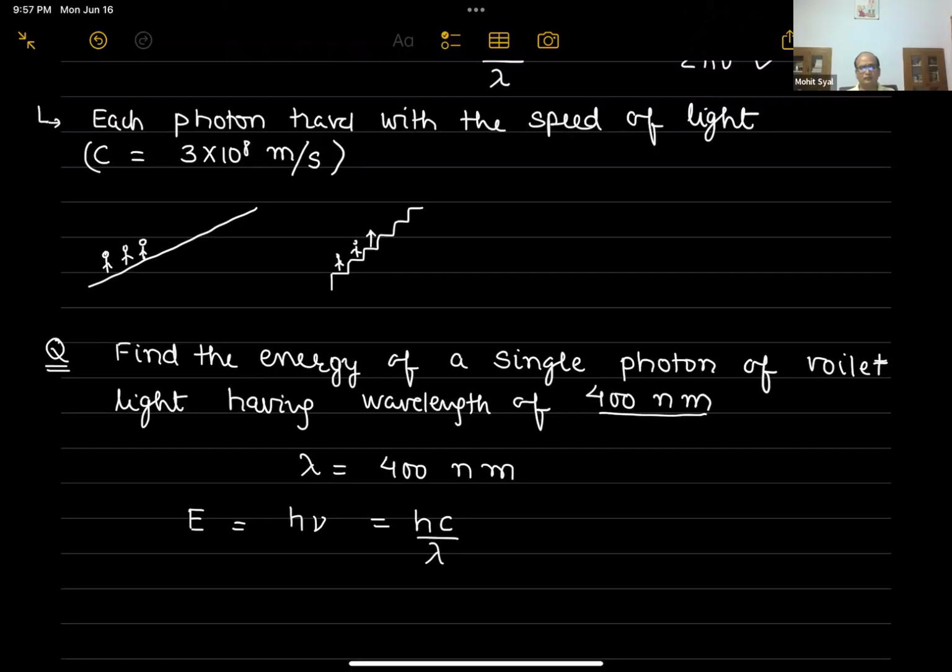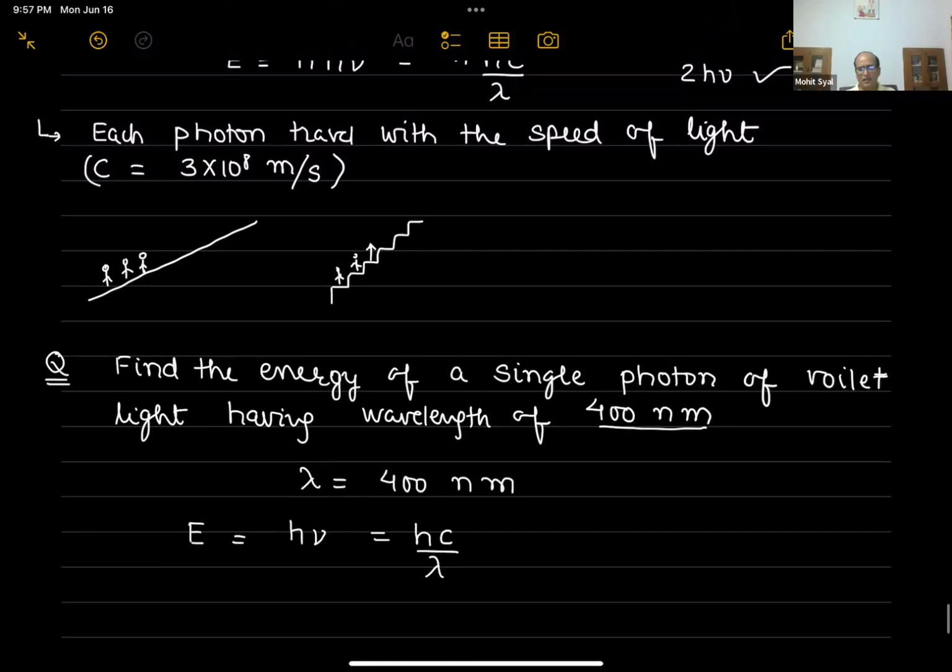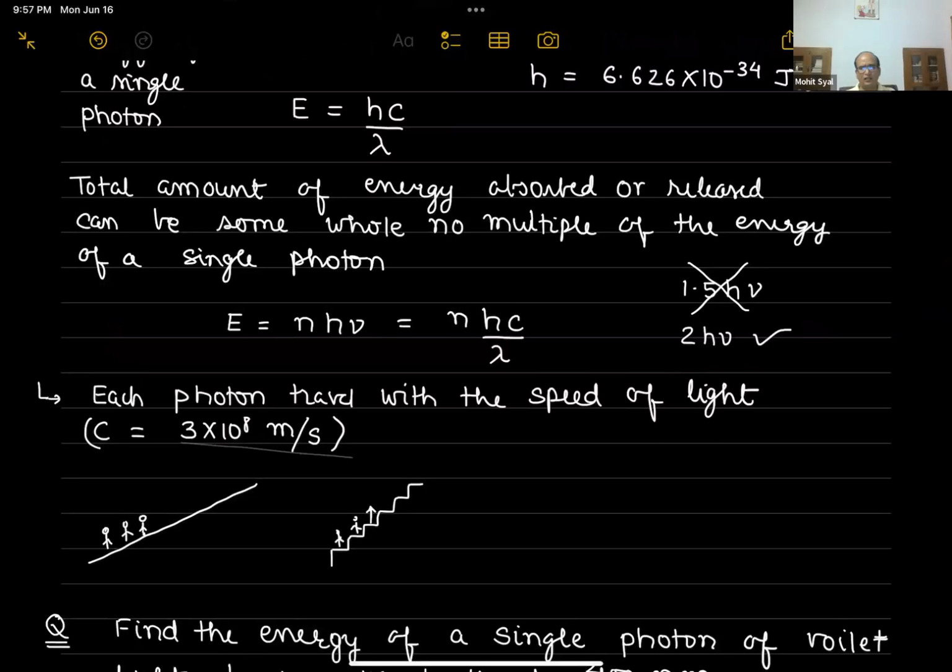Okay, is it clear? First, what formula you need to apply, that you have to tell me. So this is as per the particle nature of light. Okay, is that clear?